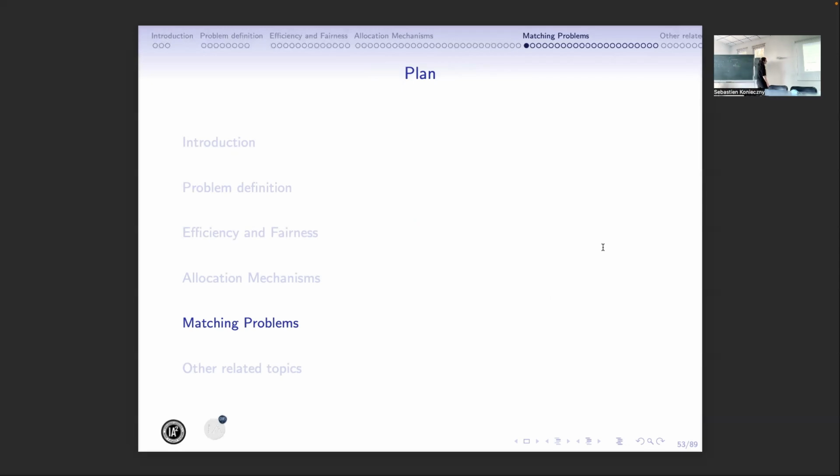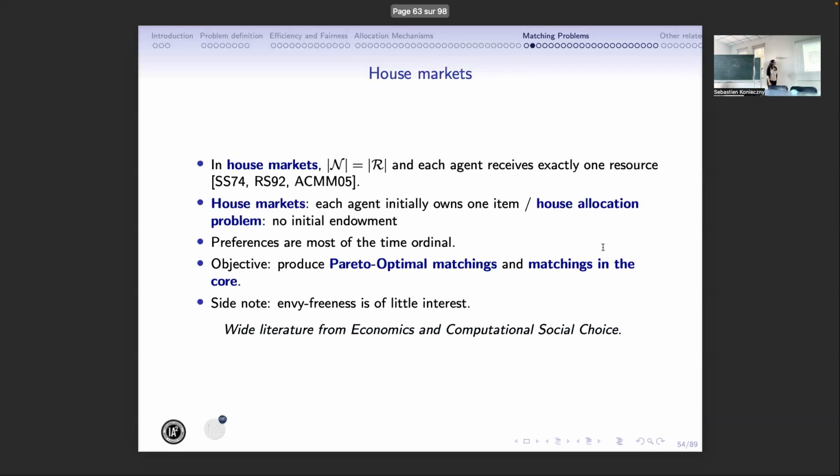So I will have some time to introduce matching problems. So in fact, matching problems are problems where the size of the set of items and the size of the set of resources are the same. So it is what we call house markets, or I have used the term house allocation problem.